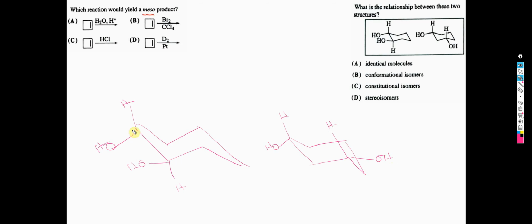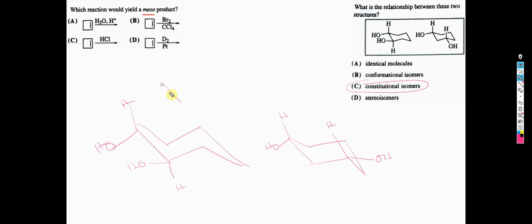So this is 1,2 dihydroxy, this is 1,2,3 dihydroxy. They have different connectivities altogether. They don't have the same connectivity with different orientations. They have a completely different connectivity, and therefore they are going to be constitutional isomers. They are not identical molecules, they are not stereoisomers.